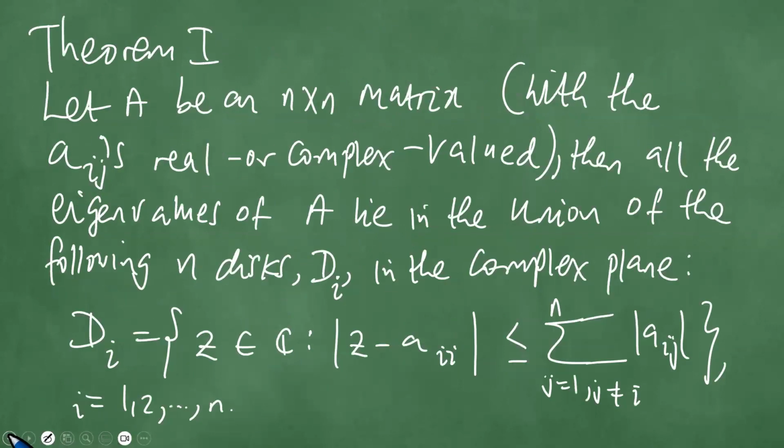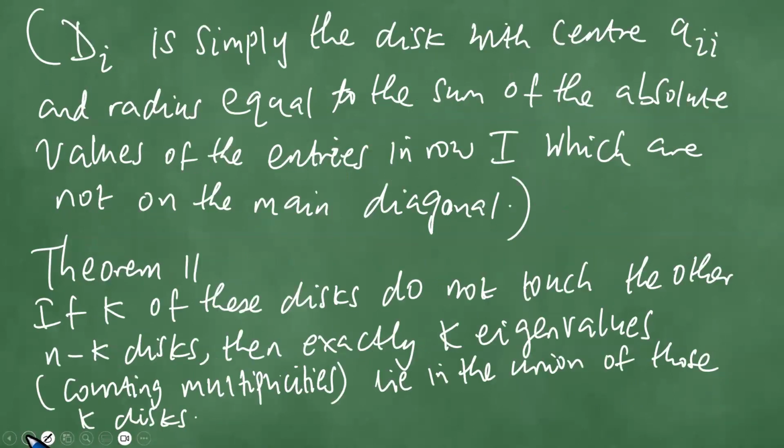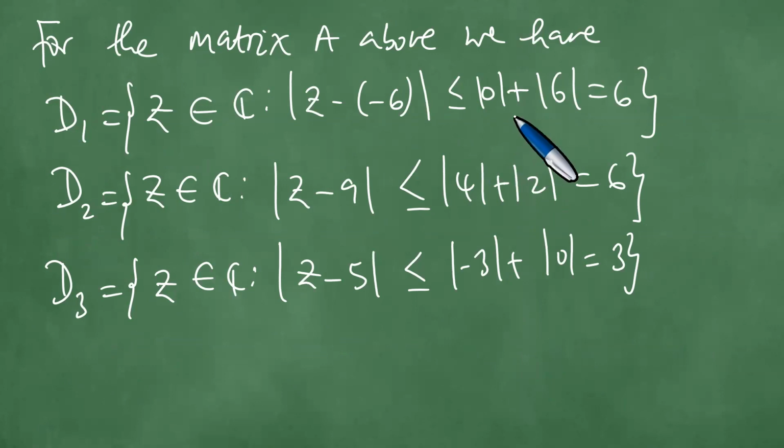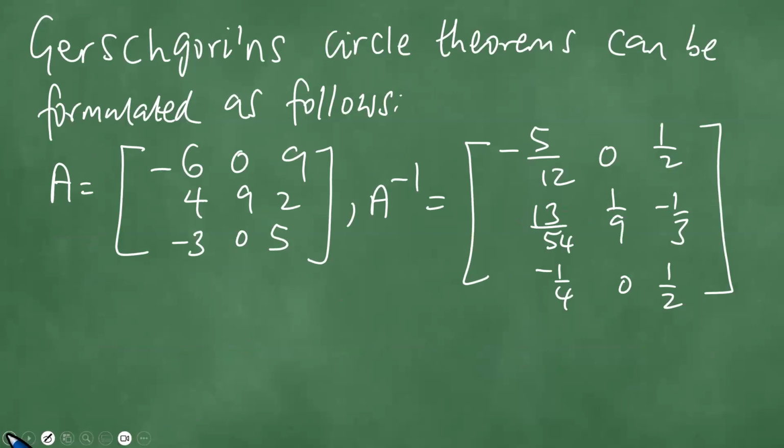So you find the summation of the modulus of the off diagonal entries where i runs from 1 to n, because we're dealing with the n by n matrix. Here you have 0 plus 6.